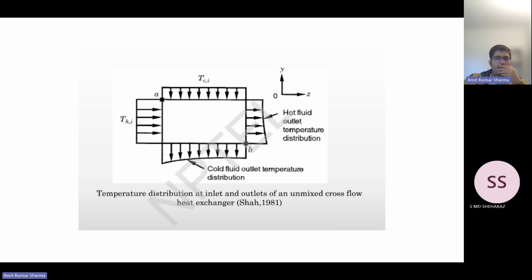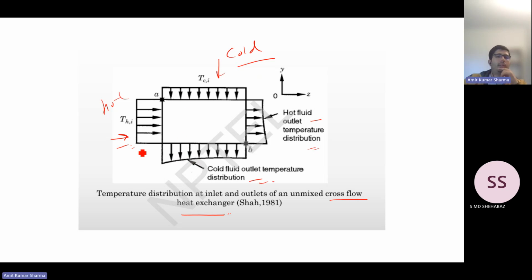This is the temperature distribution at the inlet and outlet of an unmixed cross flow heat exchanger. Okay. So this is the inlet of hot fluid, this is the inlet of cold fluid. This is the hot fluid outlet temperature distribution and the cold fluid outlet temperature distribution.